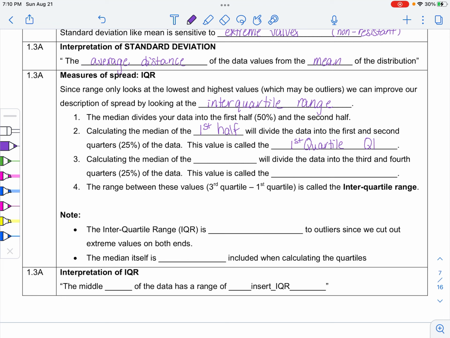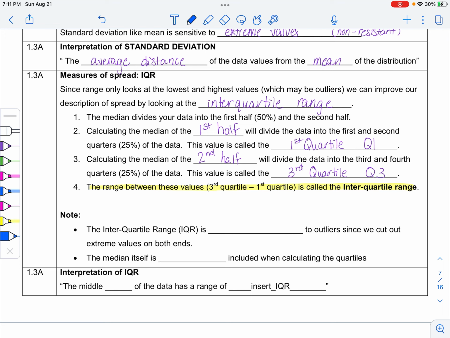If you go to the right side of the median and find the median of that half, that is the median of the second half. We'll divide that data into third and fourth quarters of the data, and this is called your third quartile, or we call it Q3. And the range between those values, Q3 minus Q1, that is called your interquartile range.